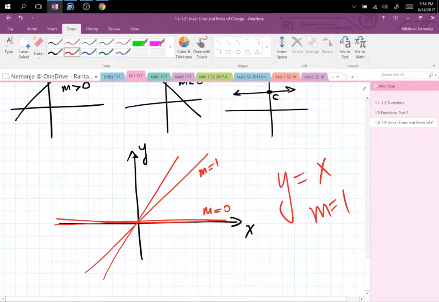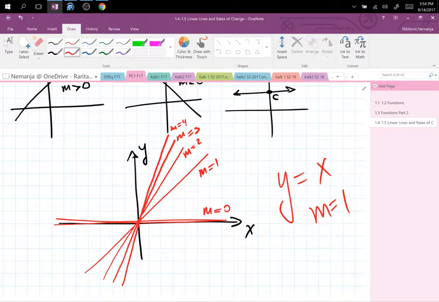And then this is your m equals 2. m equals 3. m equals 4. Do you see how the numbers start at 0? And as the line tilts this way, it goes 1, 2, 3, 4, 5, 6, 7, 8, 9, 10, infinity on the vertical.